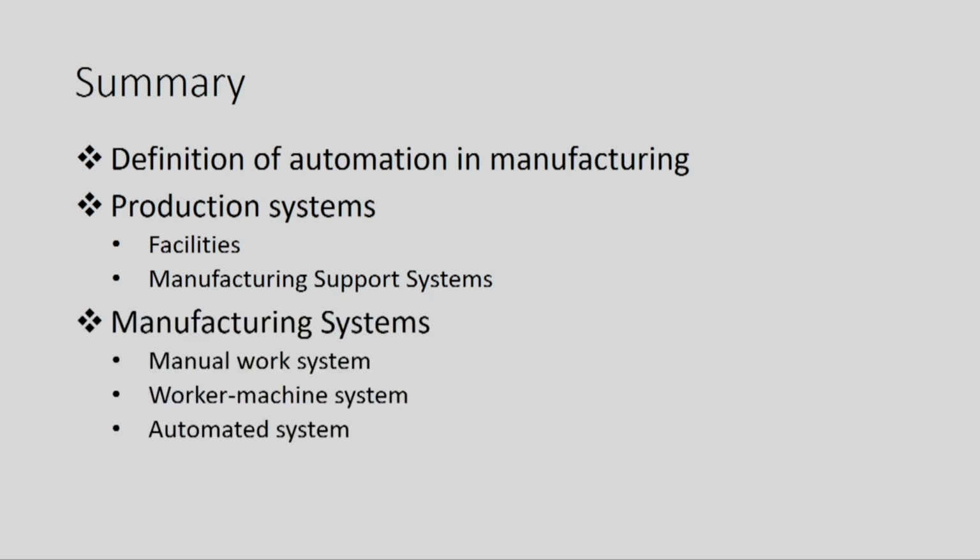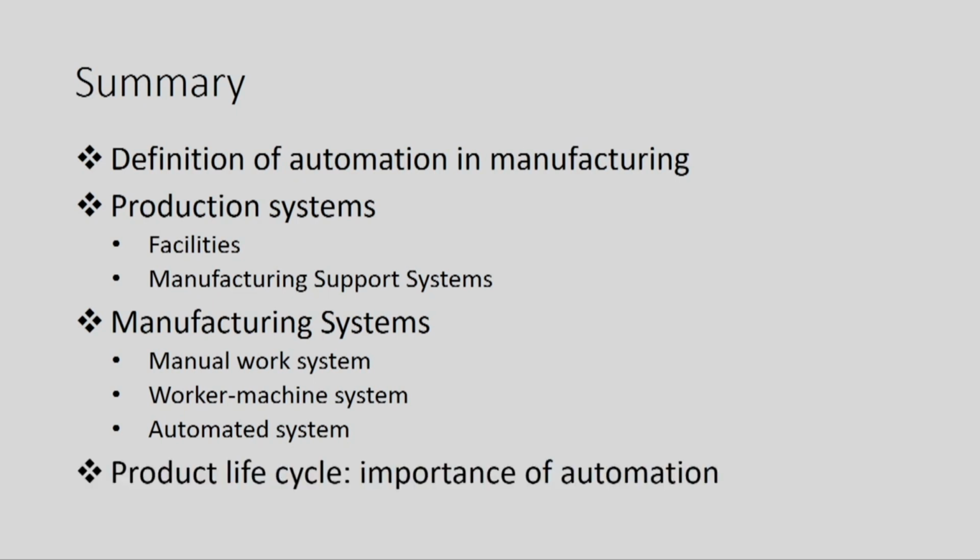Then we have comprehensively studied various manufacturing systems which are used in the present manufacturing industry. These are manual work system, worker machine system, and automated system. At the last, we had a comprehensive discussion on the product life cycle and the importance of automation in the product life cycle.